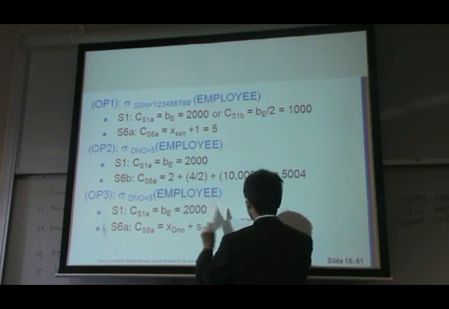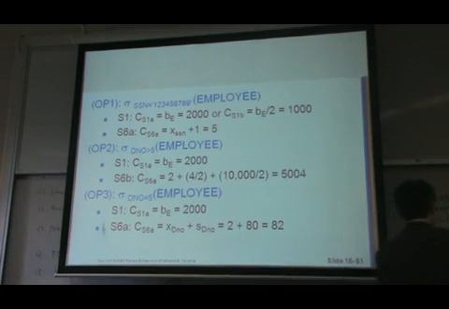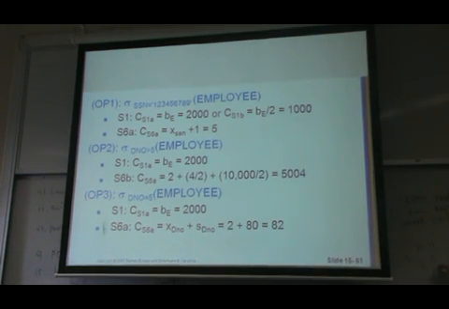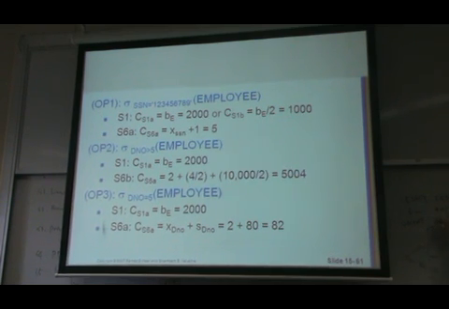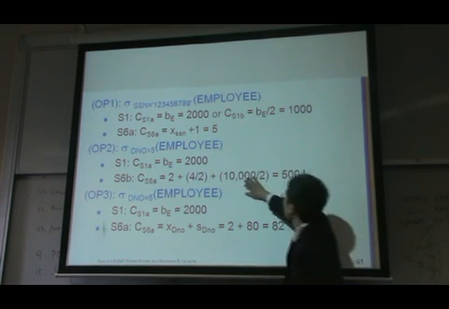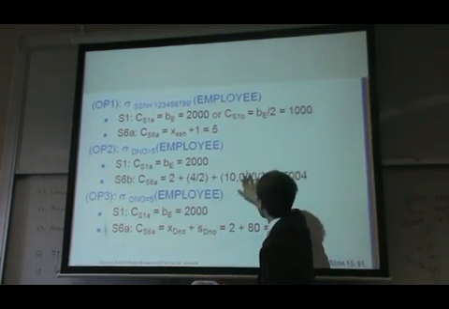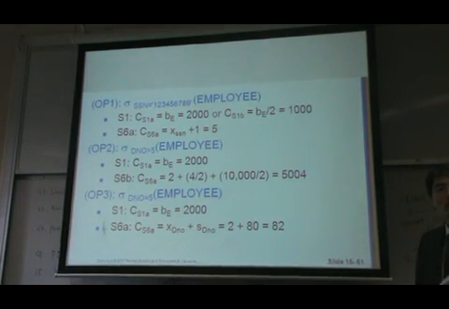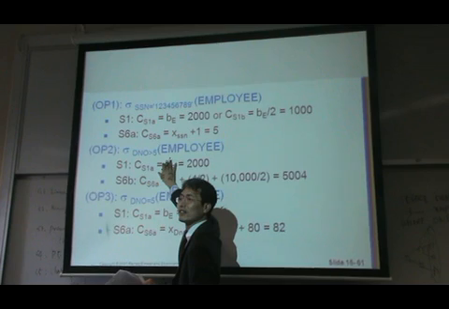It's 4. 4 divided by 2, right? This is the index, this is 4, right? Then this is the number of records, brute force first, so divide by 2. So the total is 5,004. So which one is faster? Linear. So linear search is faster, right?